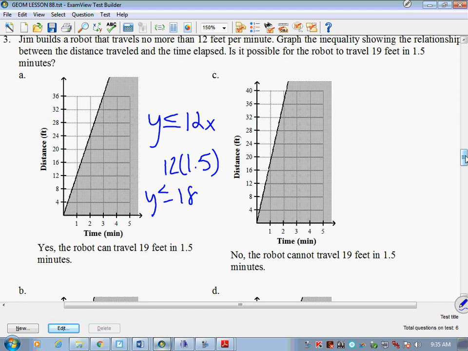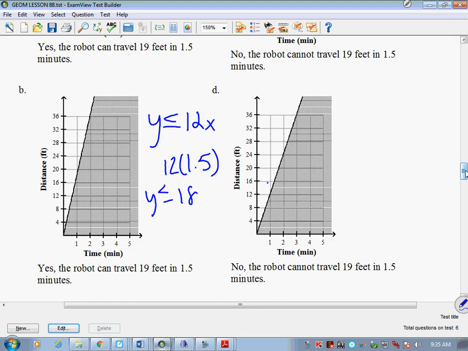How many feet should we be able to go in 1 minute? 12. All right, does that look correct? No. Let's go down to D and see where it's at 1 minute. Okay, 1 minute, 12. 2 minutes, 24. 3 minutes, 36. Does that line look correct? Okay, so we know how to find that information and check it. Okay, good.